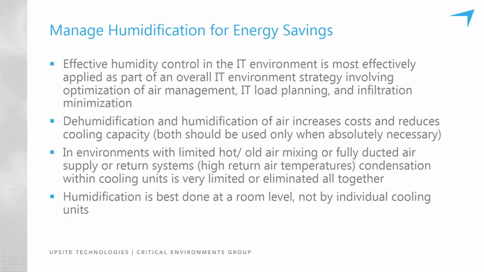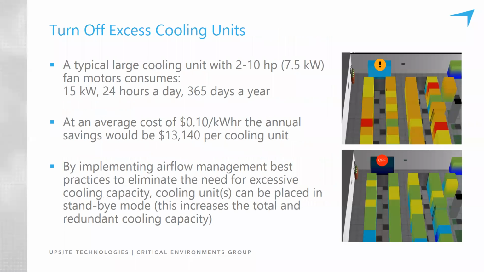So let's look at when you do not have the ability to reduce fan speeds, just turning off a cooling unit. How much energy is consumed by these fan motors? A typical large cooling unit that might have two 10 horsepower or 7.5 kilowatt fan motors consumes 15 kilowatts of electricity 24 hours a day, 365 days a year, of course. At an average cost of 10 cents a kilowatt hour, that results in over $13,000 of electric bill for that one cooling unit.